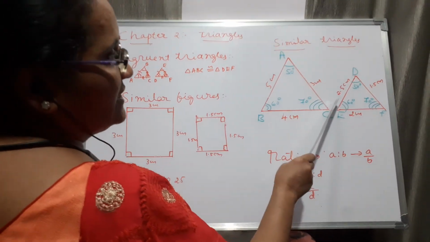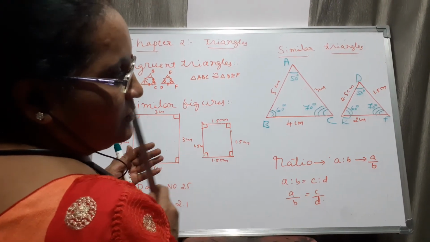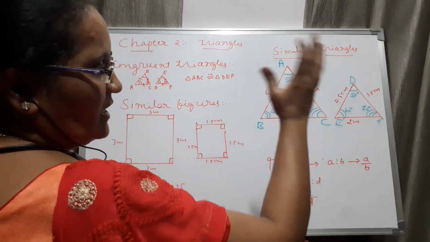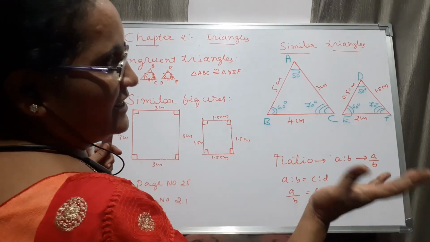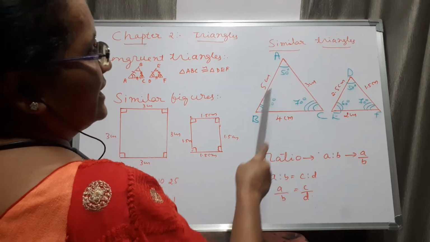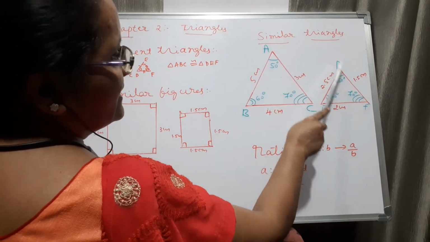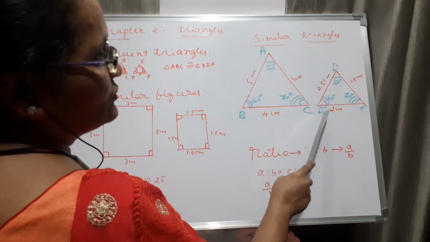You know the meaning of corresponding: if we keep one figure on another, then they coincide, and they are called corresponding sides. So AB corresponds to DE, AC corresponds to DF, BC corresponds to EF.